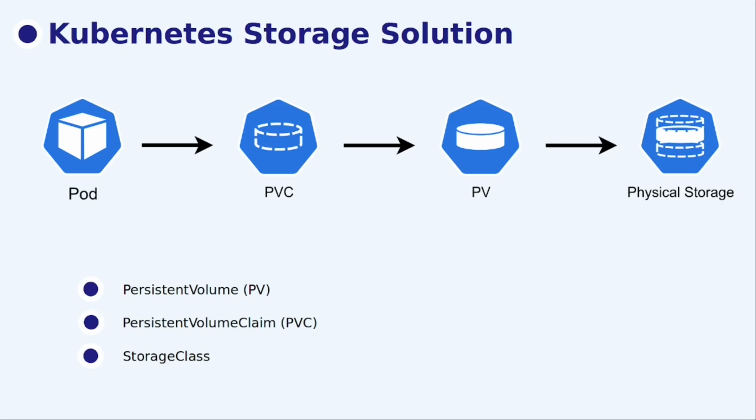Even if a pod is deleted, the containers disappear, but the data remains safe in the persistent volume. This design gives us data persistence, flexibility, independence between compute and storage, and this is the foundation for running databases in Kubernetes.